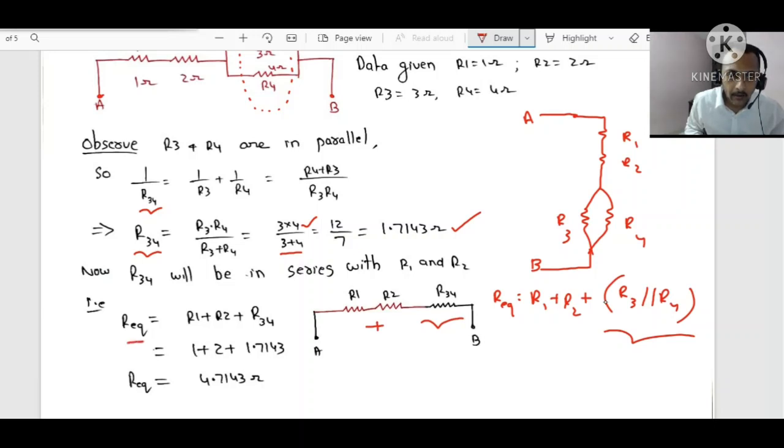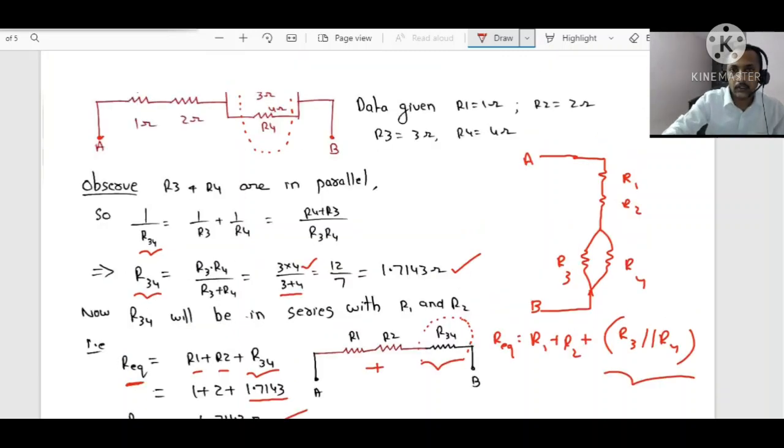Now see, R equivalent equals R1 plus R2 plus the equivalent value of the two resistors that you have just found. That value you write here, 1.7143.